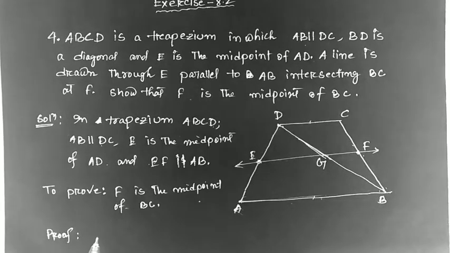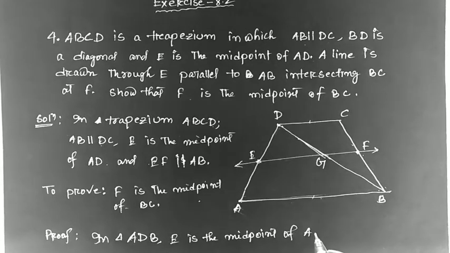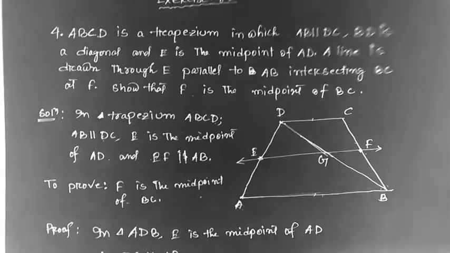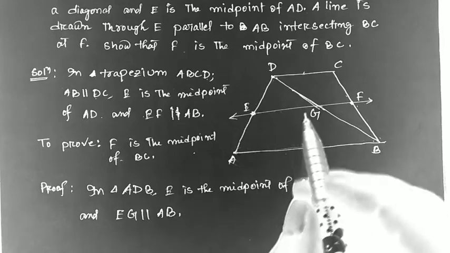First of all, in triangle ADB, E is the midpoint of AD and EG is parallel to AB.